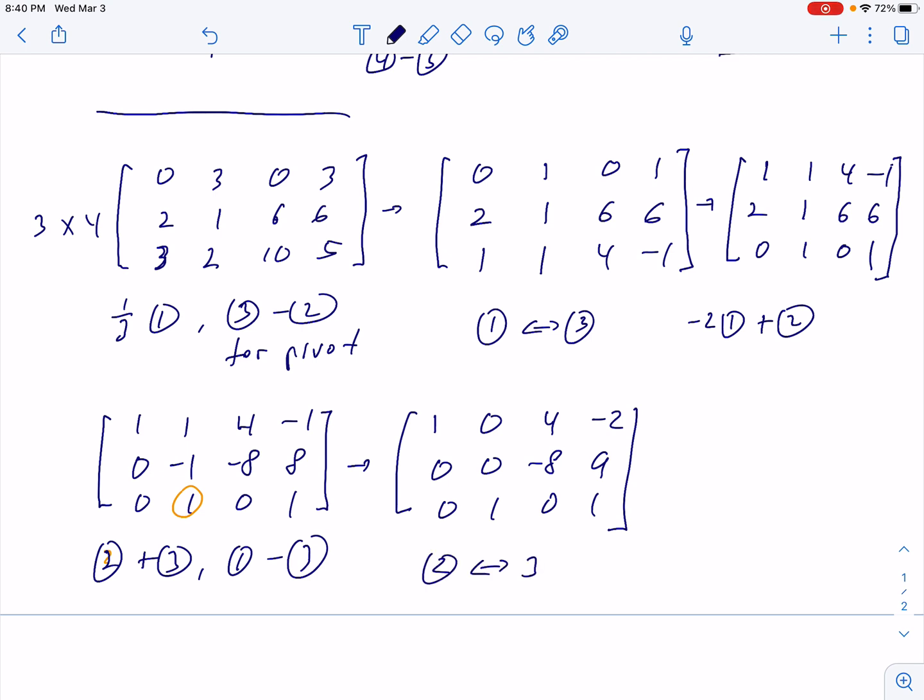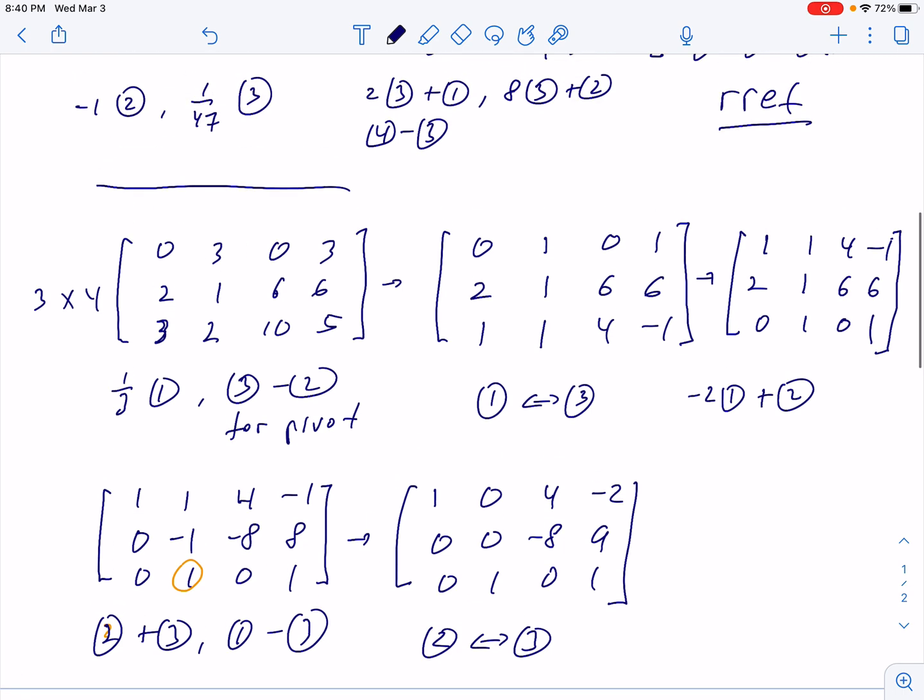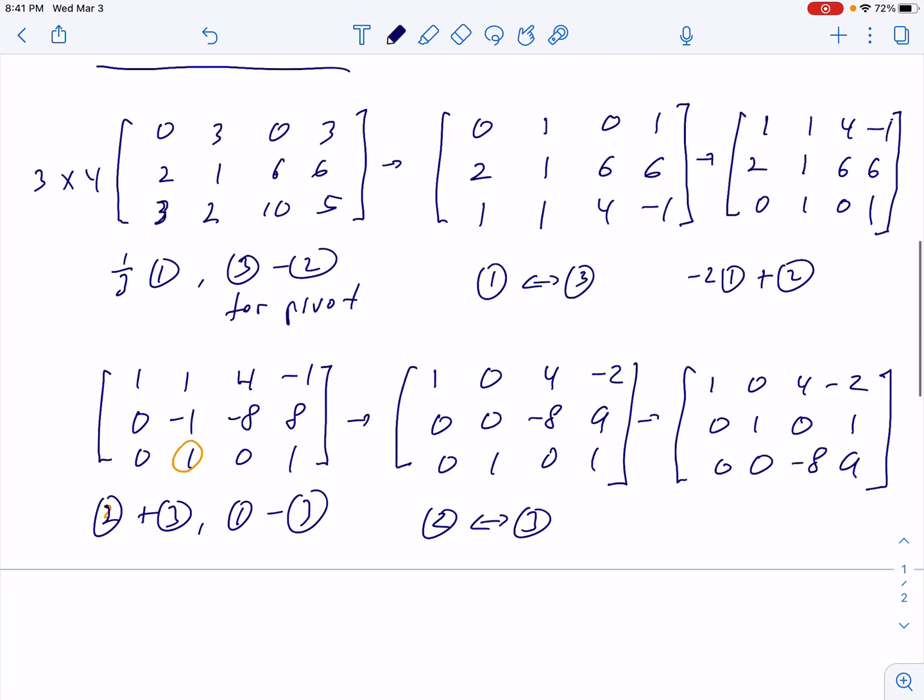With this arrow that points both ways, I'm indicating this operation, swapping, and here is the result. 1, 0, 4, negative 2, 0, 1, 0, 1, 0, 0, negative 8, 9. The second column is reduced and just in perfect standard.